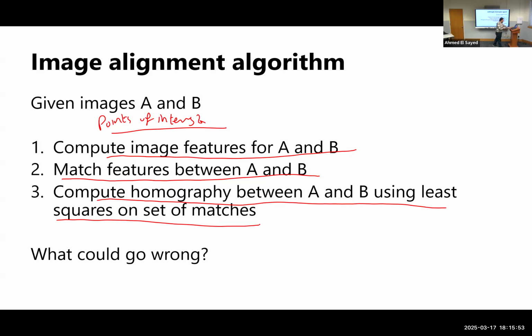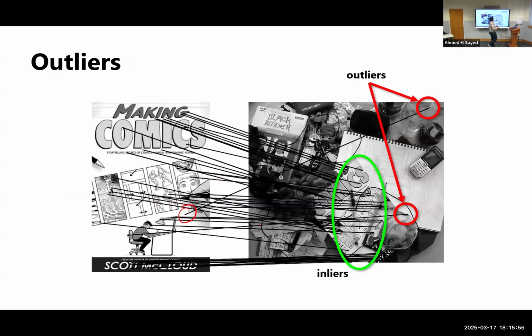What could be the trick here? Outliers. The outliers can destroy the transformation because they are not matching. Like this is not this. Then how will you convert this to this?